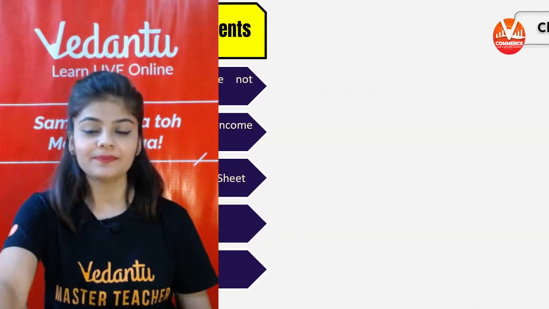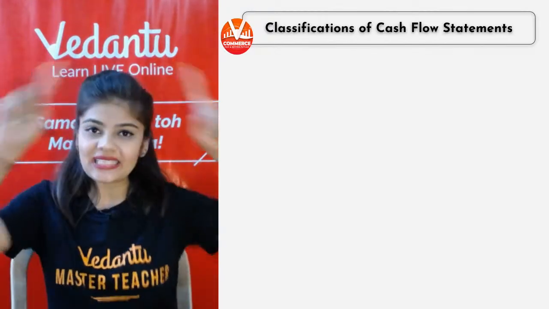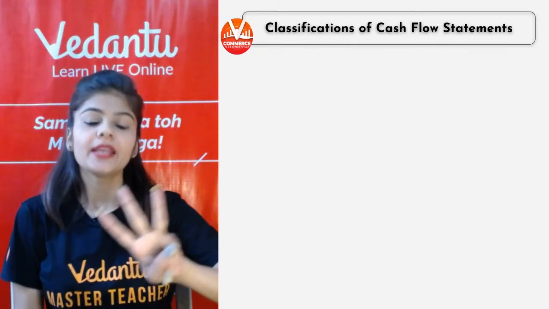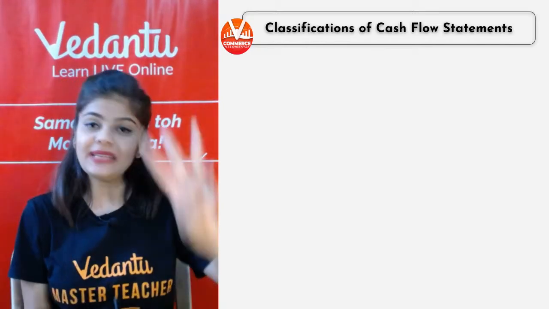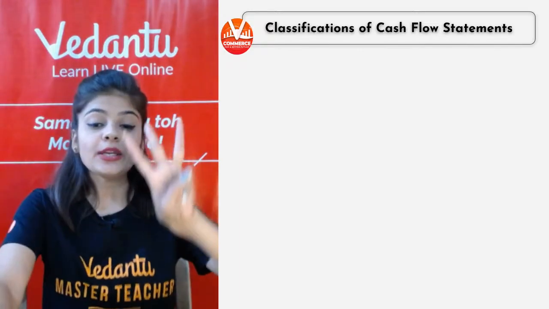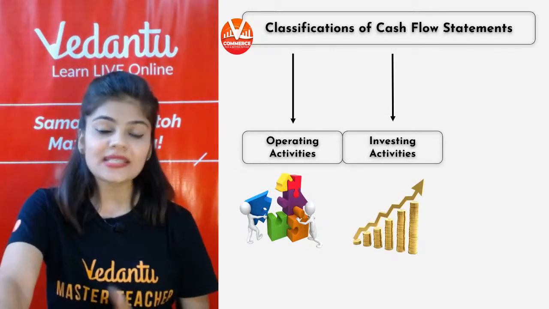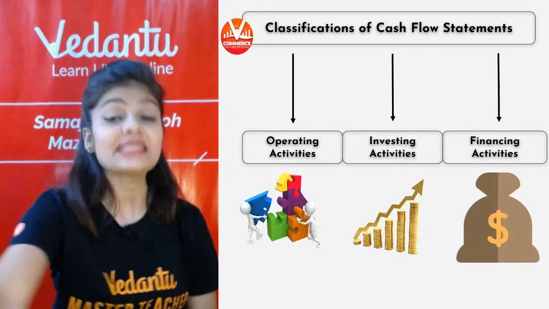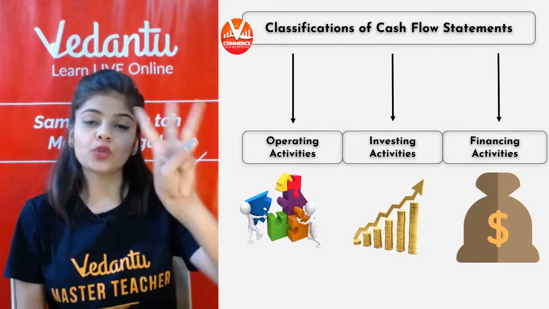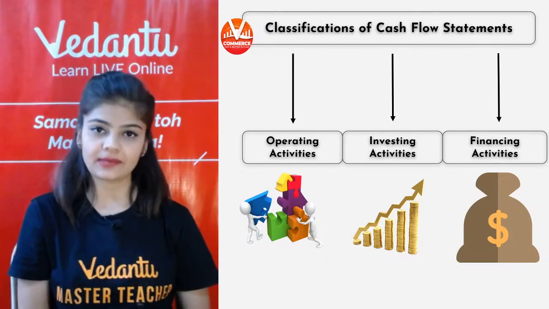Okay, Mani. So now this entire chapter is divided into 3 parts. Cash flow statement is further divided into 3 parts: operating activity, investing activity and financing activity.